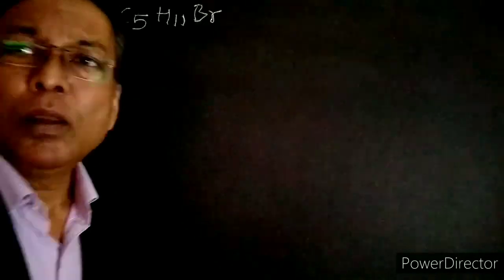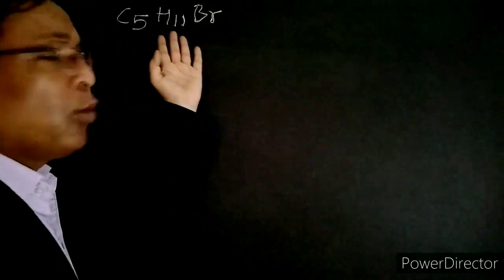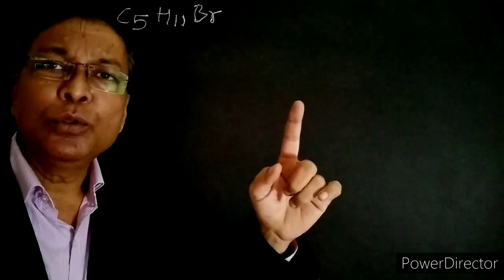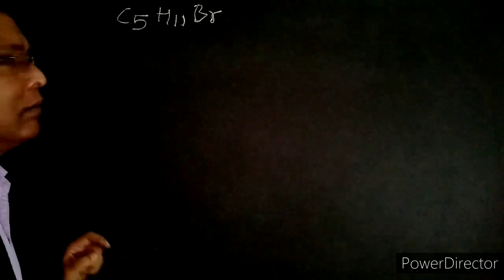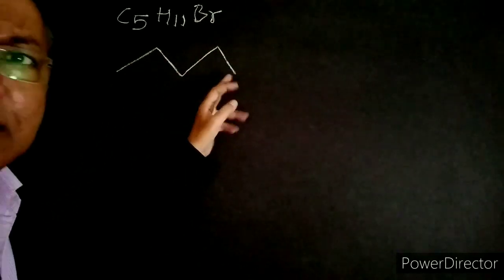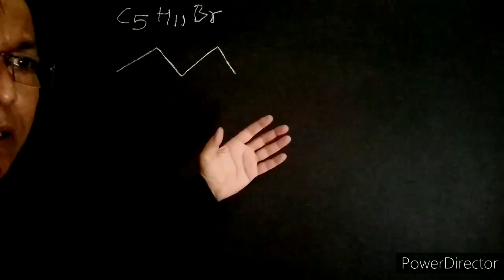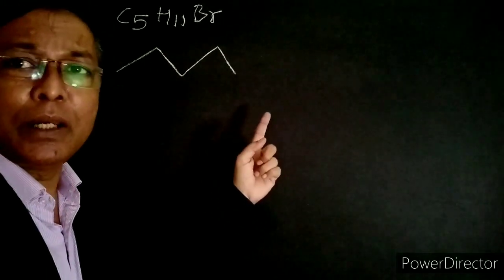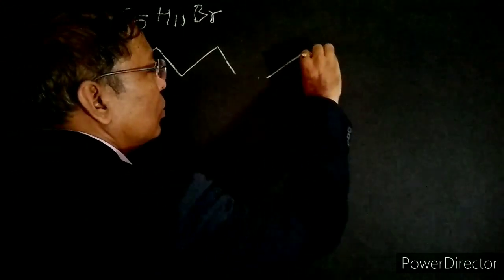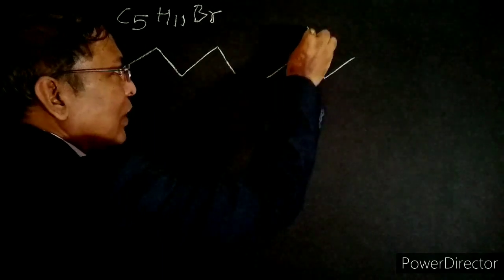Here we go. We have to write 8 isomeric structures of this formula C5H11Br. How we can do this: the first step is to write the possible carbon skeletons. The carbon skeleton having 5 carbon atoms we can show like this: 1 2 3 4 5. For the second possible skeleton, we reduce one carbon atom and make one branch, so 4 carbon atoms, 1 2 3 4, with one branch.